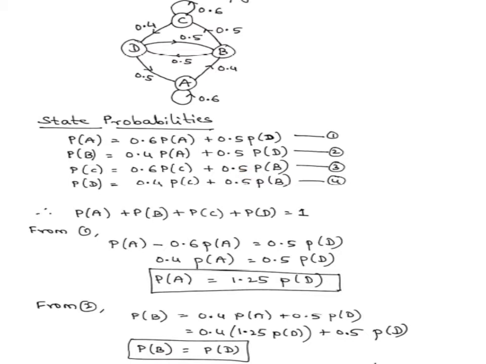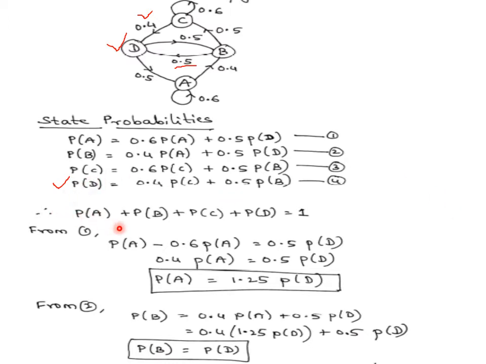Similarly, for state D, the incoming probability is 0.4 which is coming from state C and one more incoming probability is 0.5 which is coming from B. Therefore, the state equation for node D is P of D equals 0.4 P of C plus 0.5 P of B. So using these state equations, now we can determine the state probabilities.